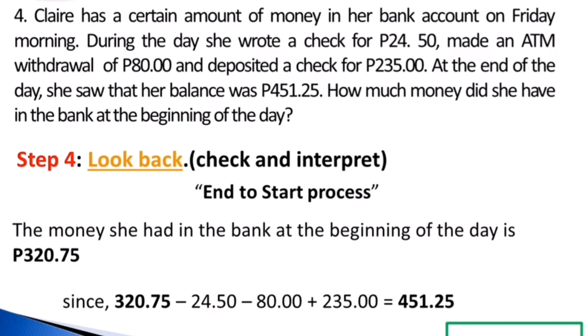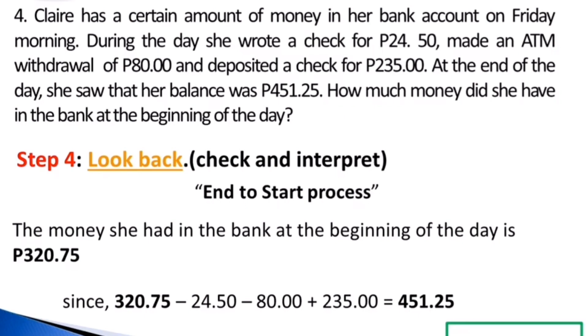This time, for the part of checking, we're going to do the process from the start until the end. Since 320.75 is subtracted by 24.50 because she wrote a check, then you're going to do another subtraction because she made an ATM withdrawal.